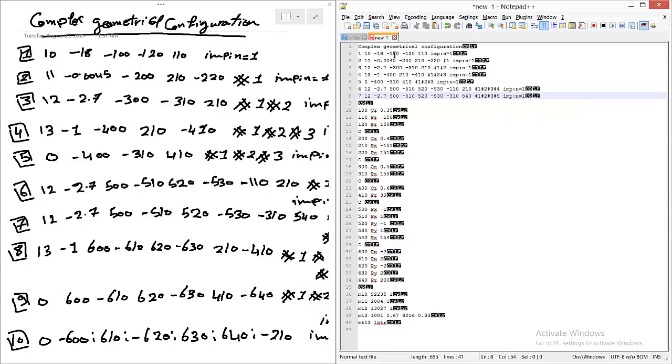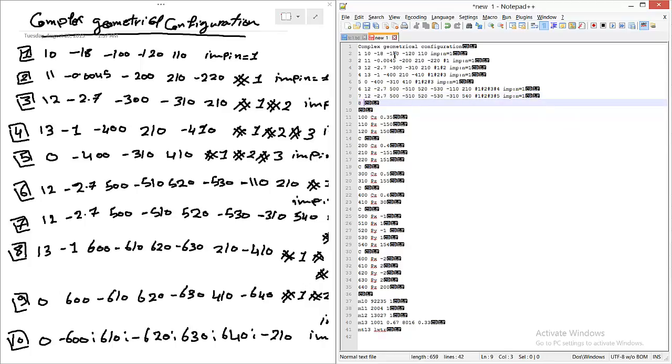Importance of neutron equals 1. Cell number 8 was water. Surfaces 600, negative 610, 620, negative 630, 210, negative 410, excluding cells 1, 2, 3, 4, and 6. Importance of neutron equals 1.